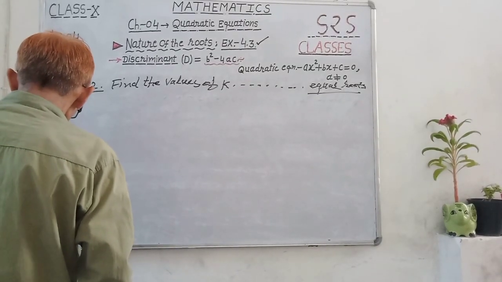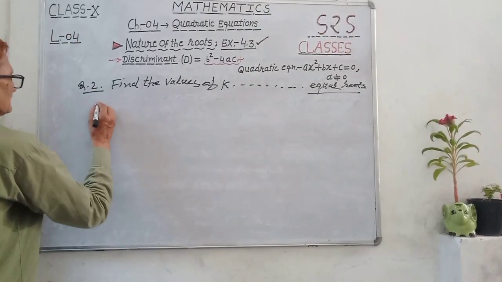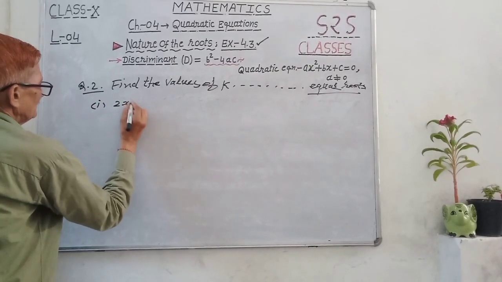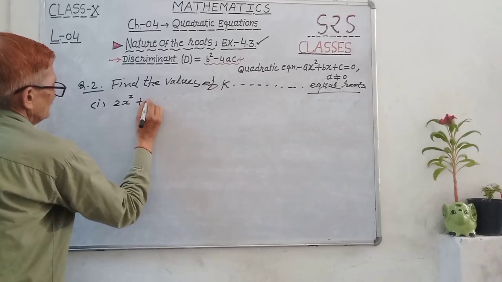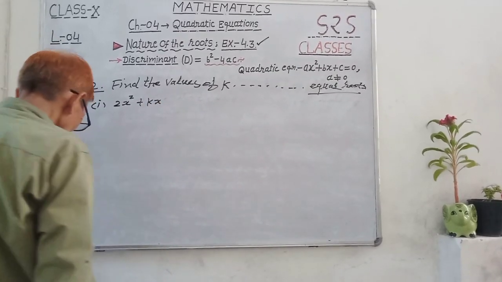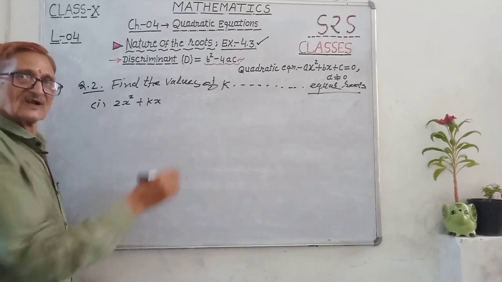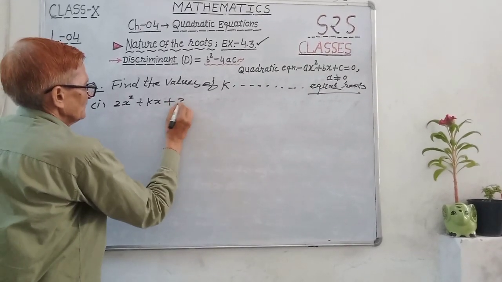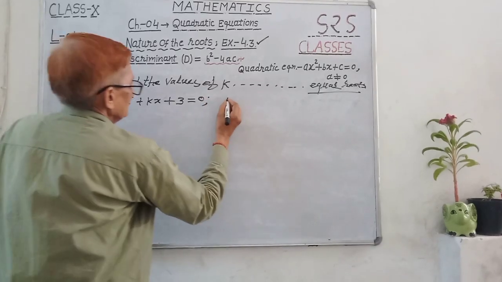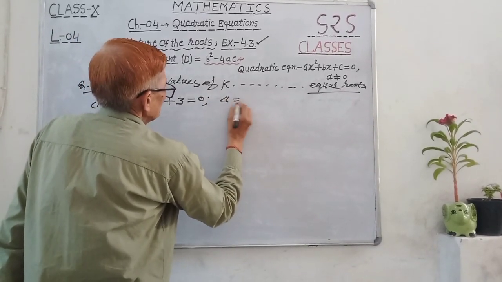Now the first part: 2x square plus kx plus 3 equals 0.